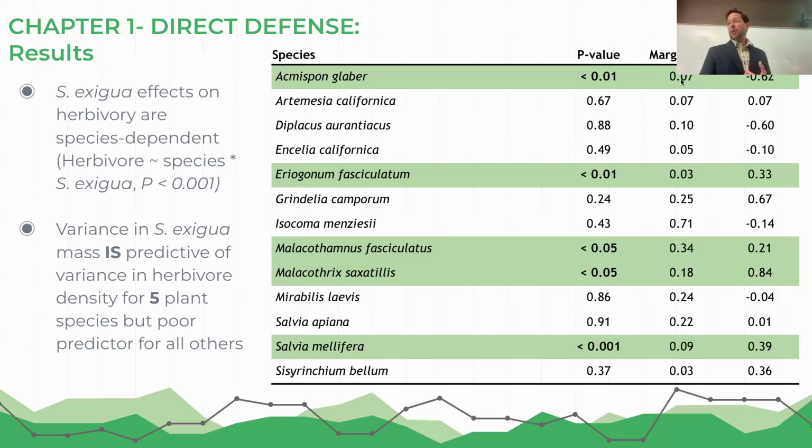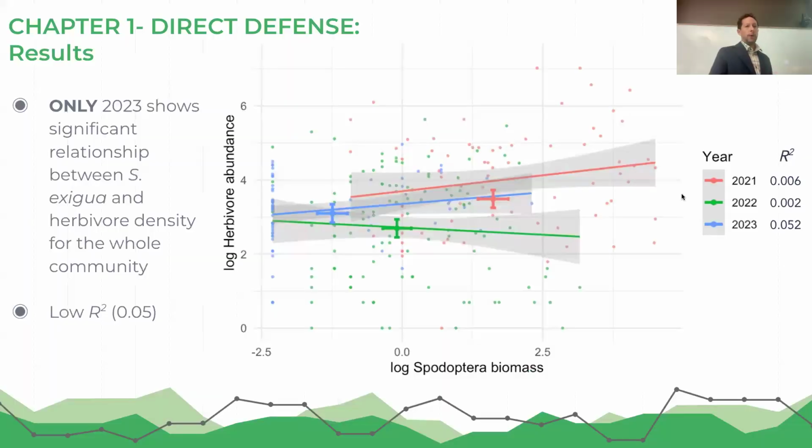If you look at these R² values in the green highlighted areas, it's quite low for most of them. So the variance in herbivore density, as explained by variance in Spodoptera mass change, is pretty weak, right? There wasn't a whole lot of evidence for this.